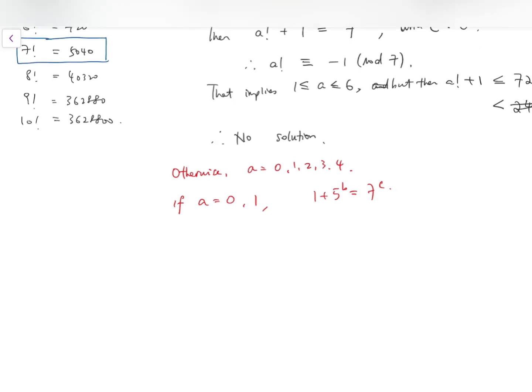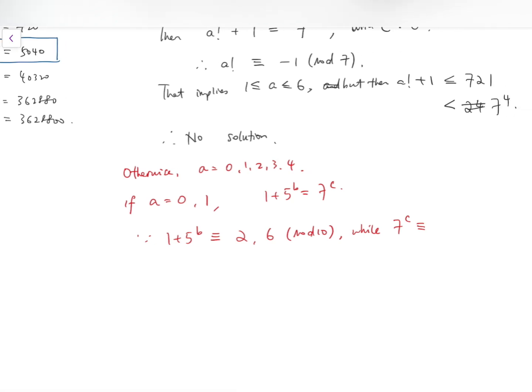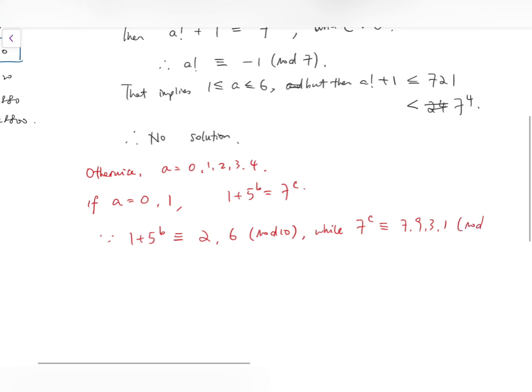We can actually get this settled by simply looking at the last digit of both sides. One plus 5 to the power b is either 2 or 6 or 10, while 7 to the power c is 7, 9, 3, 1 mod 10. They can't be equal.